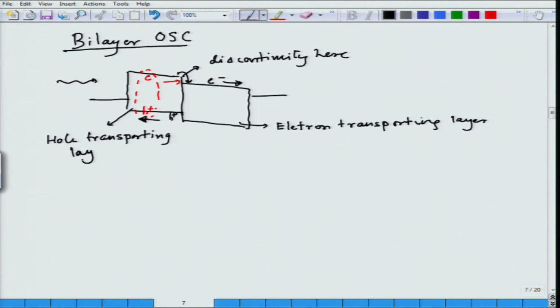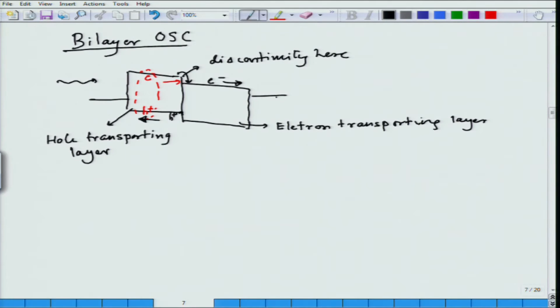So, the semiconductors are chosen such that they make it easier for the free electrons and holes to be collected by the electrode. At the same time, this discontinuity allows dissociation of the exciton much before it comes to the cathode. So, one can have an exciton diffusion length which is half of the device length, and the light can be absorbed throughout this device structure.